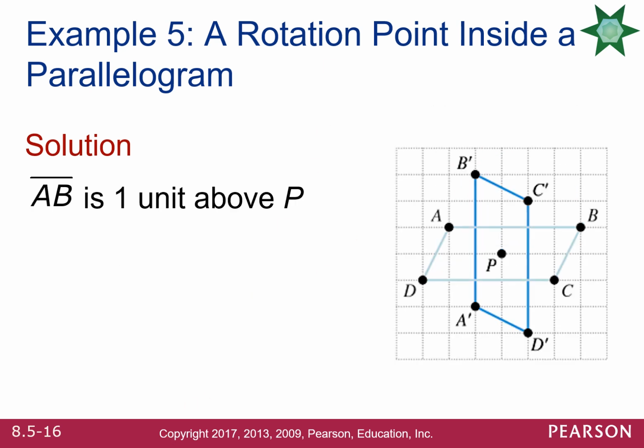In the original parallelogram, the line segment AB, which was 1 unit above P, now becomes the line segment A dash B dash, which is 1 unit left of P. So that is how the 90-degree rotation works.